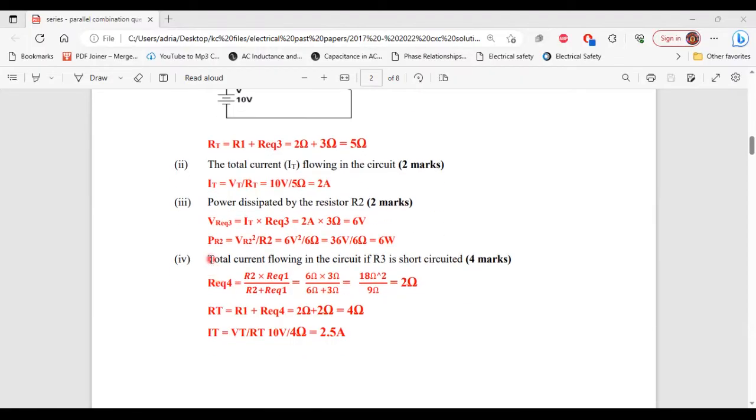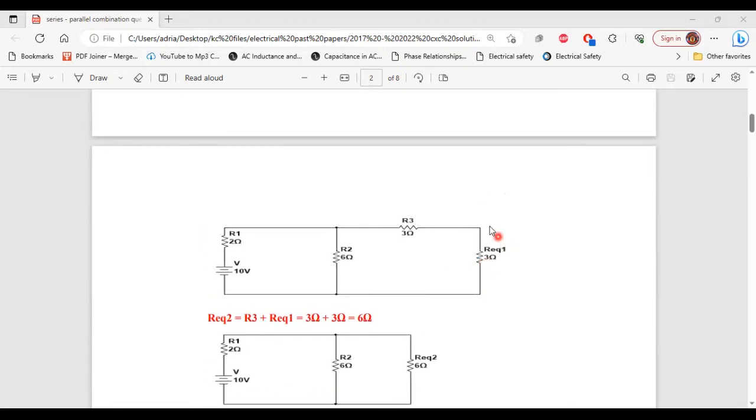It says to calculate the total current flowing in the circuit if R3 is short-circuited. All right, so we're going to use this equivalent circuit. If R3 is short-circuited, it basically means that the current will bypass R3 in the circuit.